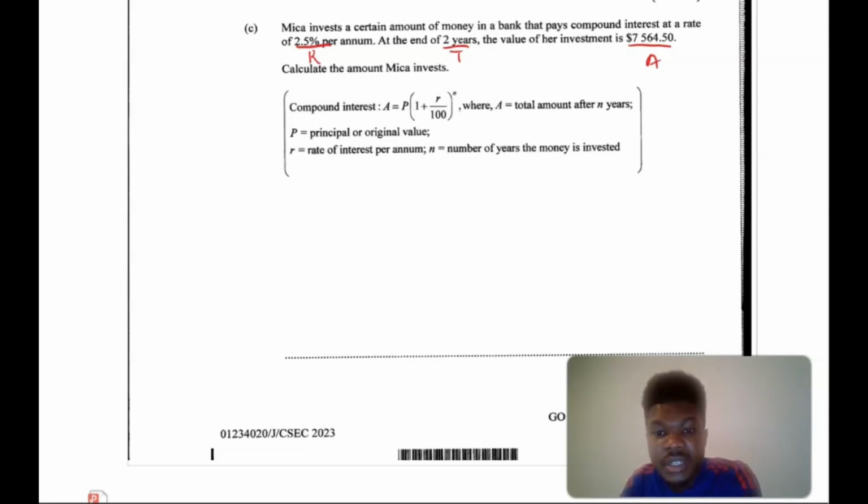Important. Now here, the good thing for this problem, they're giving you the compound interest formula, and they're explaining what each variable means. So we can use that to help us substitute. The first thing I would do is substitute into the formula based on what I'm given. So write out the formula. A stands for amount, and we're given the amount at the end. So we put 7,564.50 equals the principal.